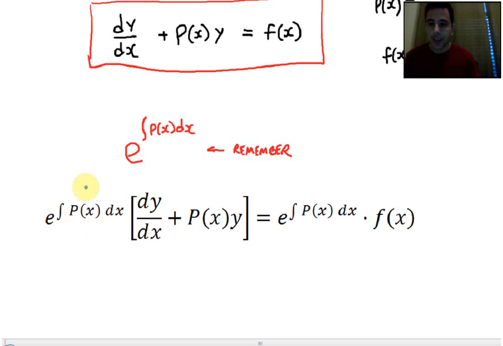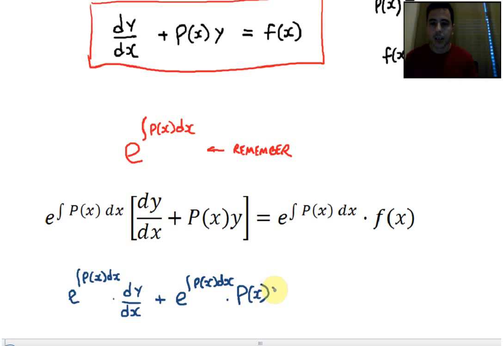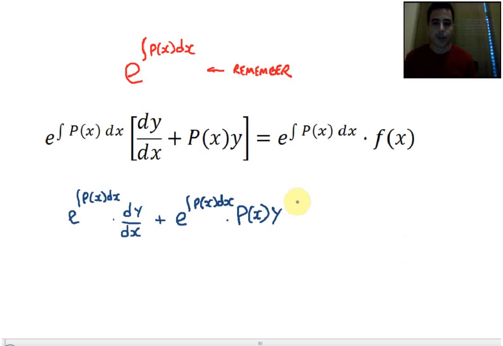If I multiply this term by the derivative, I get that term times the derivative plus that term times p of x y. On the other side, just repeat that.